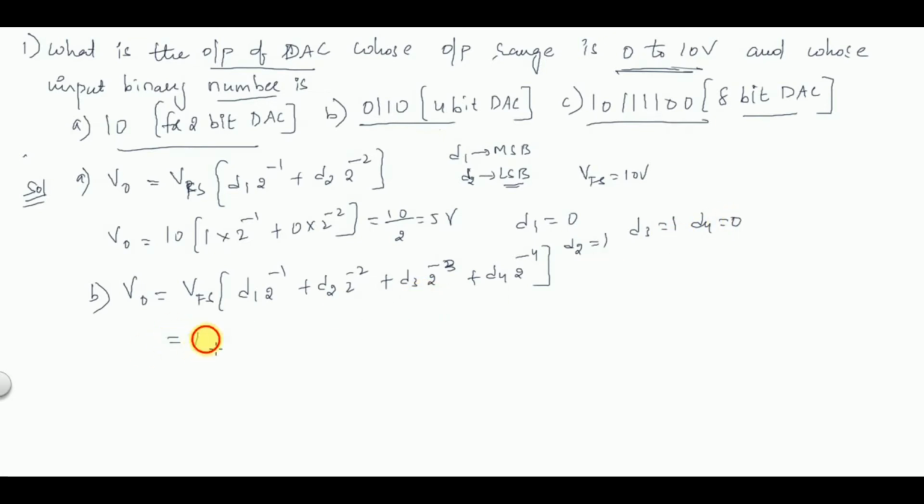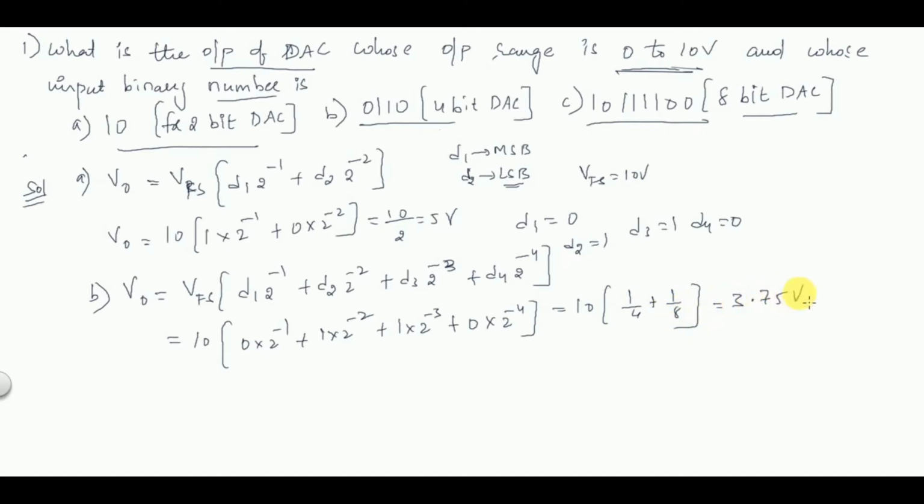Just substituting that, what will we get? 10 into 0 into 2 to the power of -1 plus 1 into 2 to the power of -2 plus 1 into 2 to the power of -3 plus 0 into 2 to the power of -4. So 10 into 1 by 4 plus 1 by 8. If you solve, you'll get 3.75 volts.